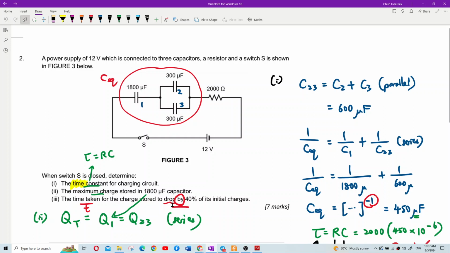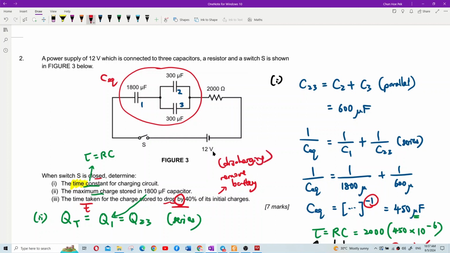Time taken for the charge to drop to 40% when the switch is closed. Actually, when the switch is closed and the battery is removed. When you remove the battery, then it starts discharging.